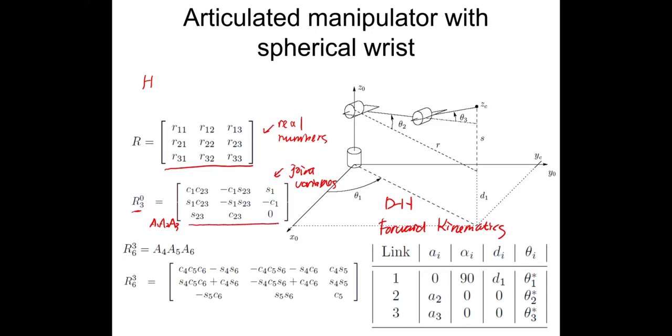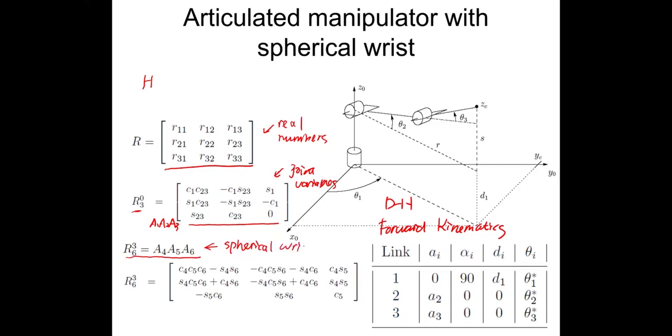And how about R63? R63 by definition equals A4 times A5 times A6, and again, A4, A5, and A6 are from the spherical wrist, which we did in the forward kinematics example.